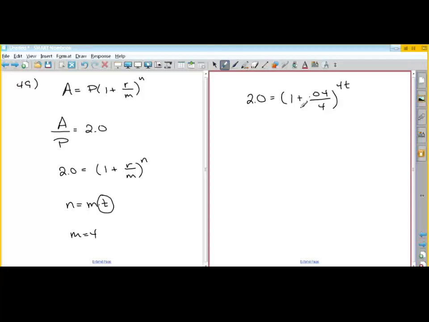Let's see what happens. So we take 1 plus 0.04 divided by 4. So we get 2.0 is equal to 1.01 raised to the 4t power. Like I said, I know how to solve it using logarithms, but you guys don't know about logarithms. So let's see what the other way is.